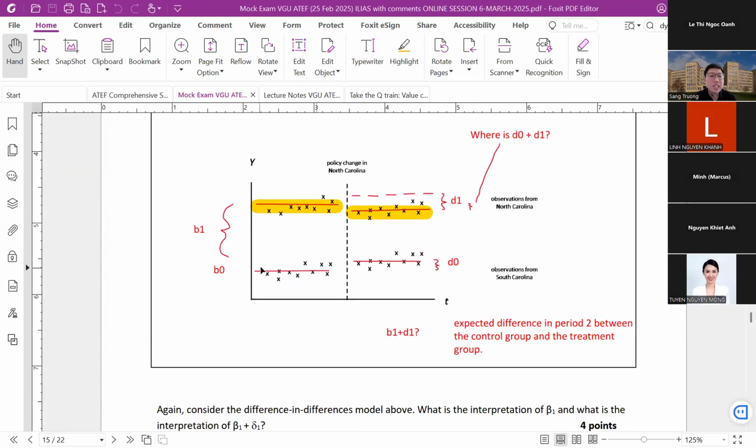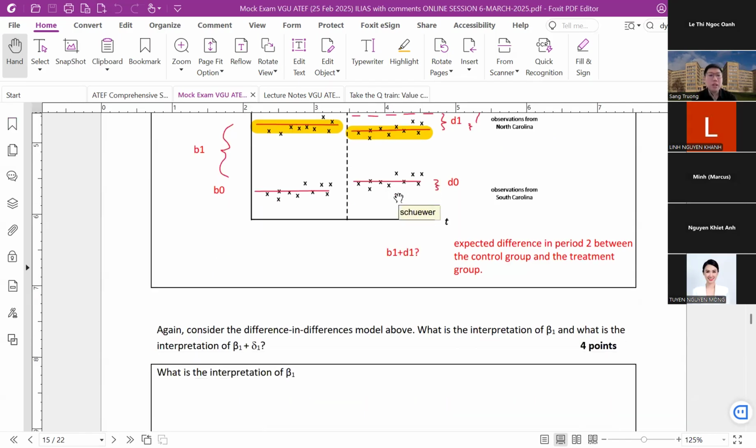So here, this is the average of the control group before the treatment. So this is the intercept, with 0, right? But the control group and the treatment group are different. Here is always different before and after. So this beta 1, and this is the average of the control group, and here is the average of the treatment group.